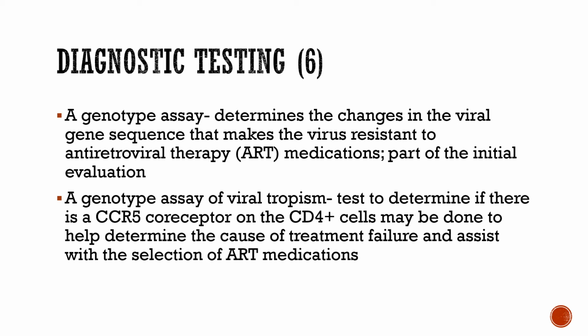A genotype assay of viral tropism is a test to determine if there is a CCR5 co-receptor on the CD4 cell, and may be done to help determine the cause of treatment failure and assist with the selection of ART medications. So, HIV treatment is very, very patient-centered. Every individual will be placed on different antiretroviral medications, which are called ART medications, and the treatment is not going to be the same. It is not one size fits all.